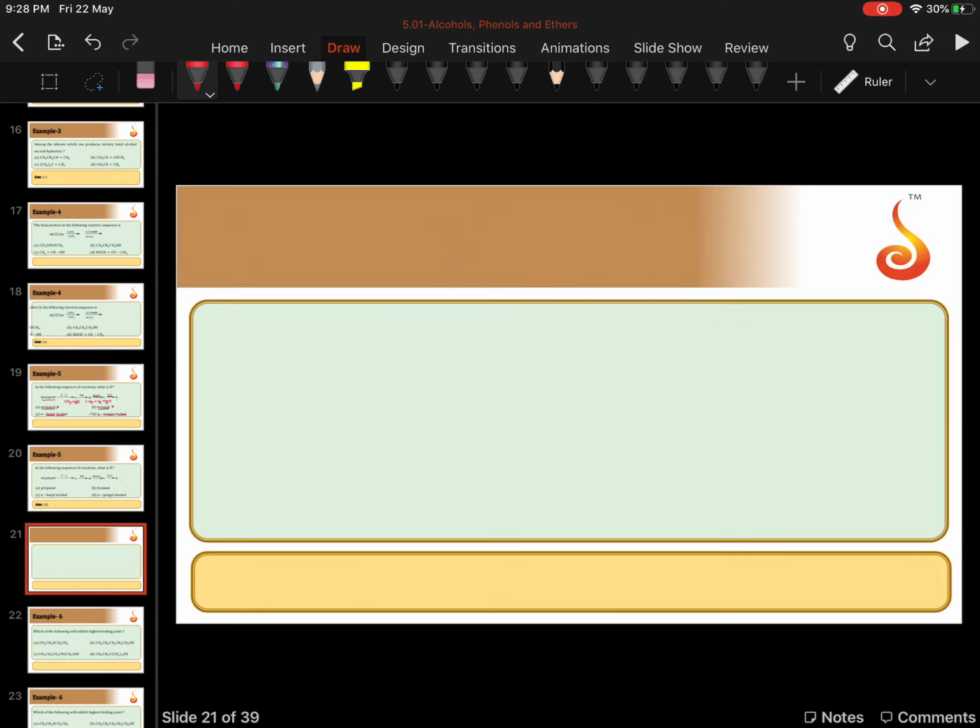Here I want to teach you one shortcut. When CH3CH2MgI is treated with formaldehyde followed by hydrolysis, what shortcut do we have to learn? Remove this double bond, put H here, and write R of Grignard's reagent here.